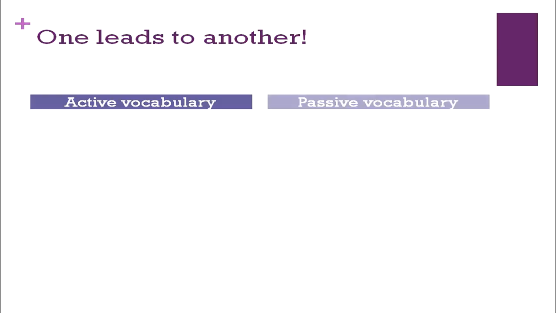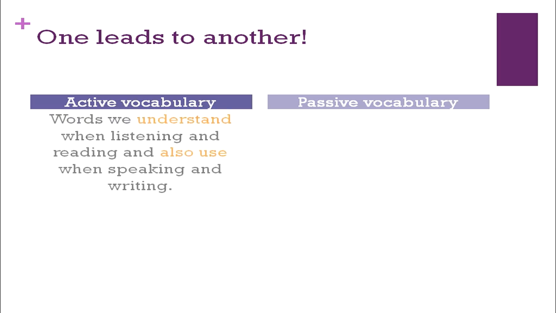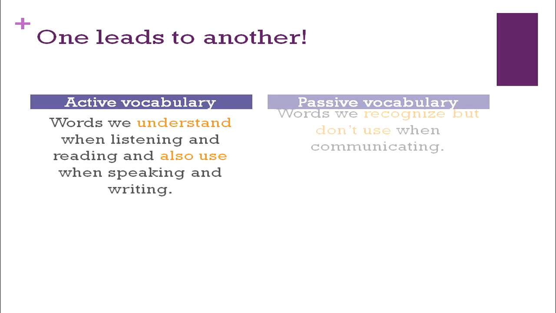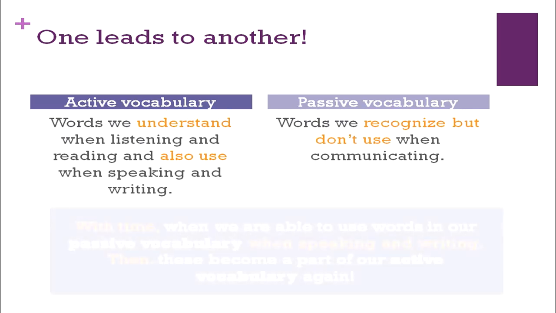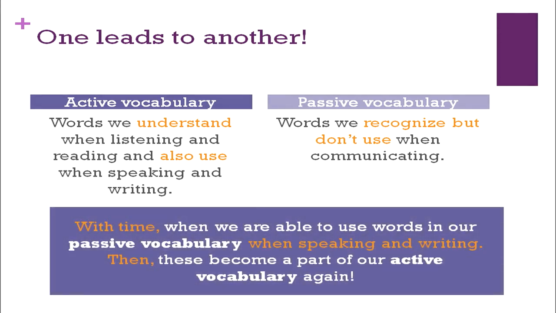One leads to another. We must change our passive vocabulary into active vocabulary if we want to develop our vocabulary. Words we understand when listening and reading and also use when speaking and writing are part of our active vocabulary. And words we recognize but don't use when communicating are part of our passive vocabulary.